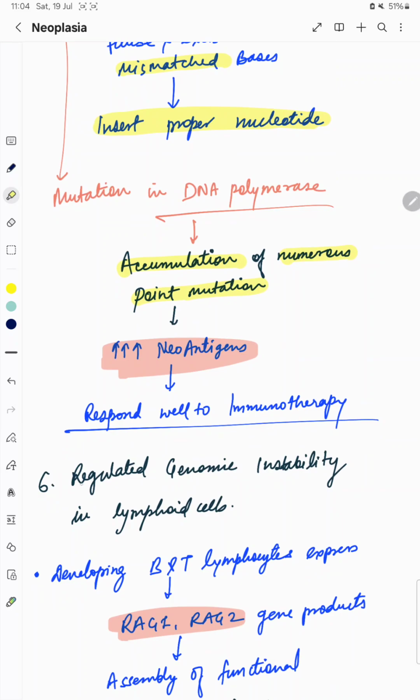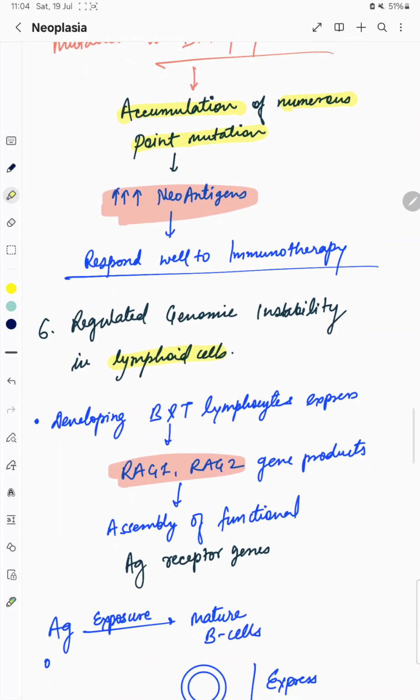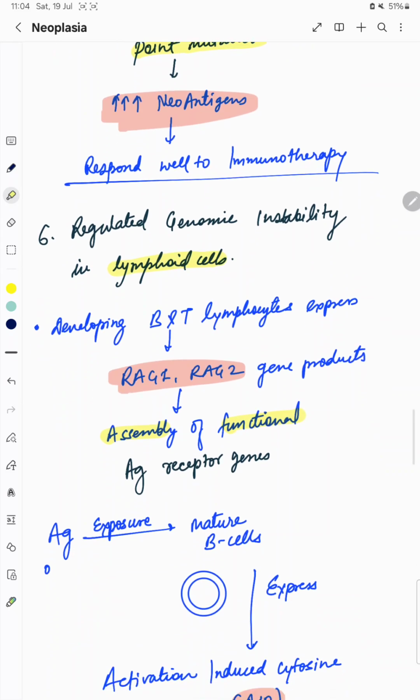Now we will see regulated genomic instability in lymphoid cells. Developing B and T lymphocytes express RAG1 and RAG2 gene products responsible for the assembly of functional antigen receptor genes.